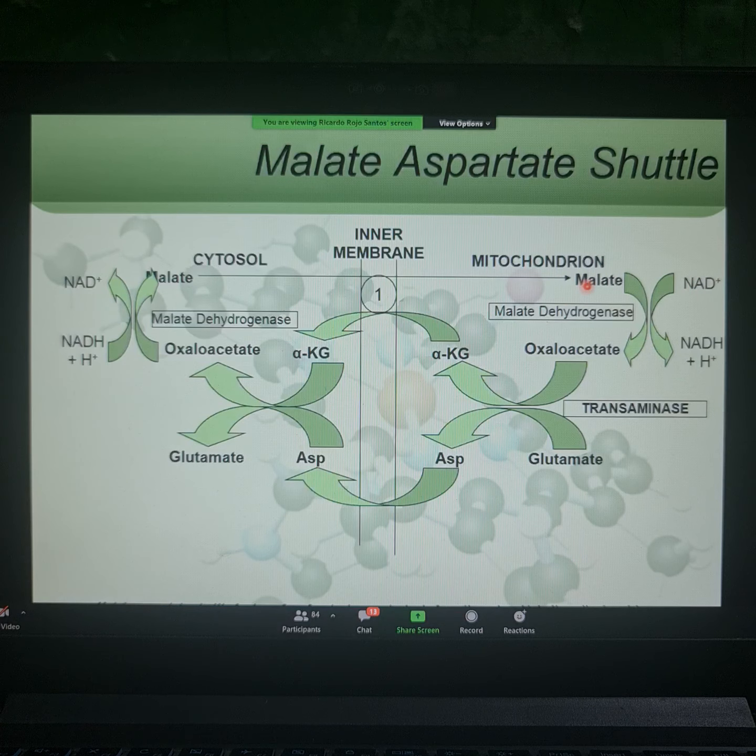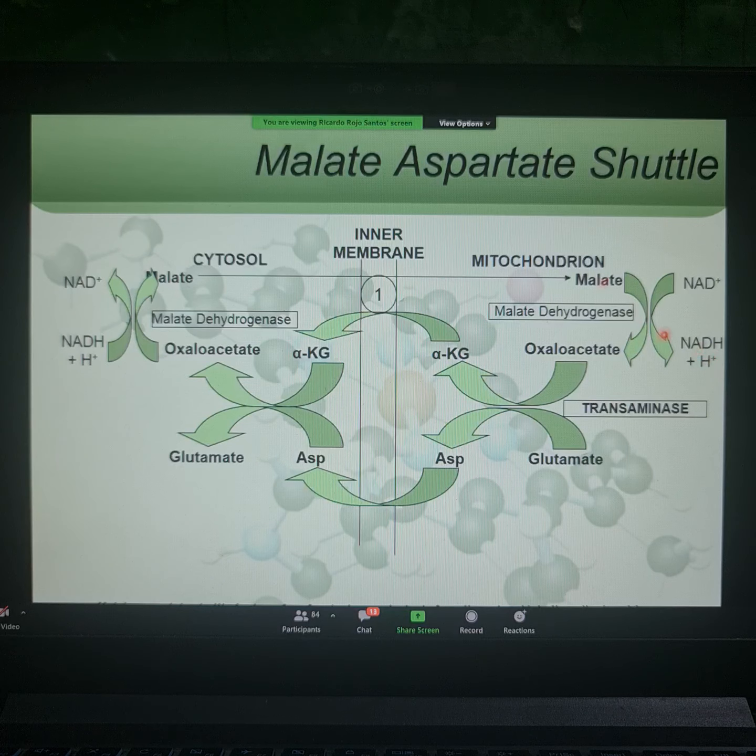So what does malate contain? Malate contains electrons coming from this NADH over here. And then in the mitochondria, the electrons contained in malate will be transferred to NAD. And NAD is reduced to NADH, and that will go to the electron transport chain, in protein complex 1.